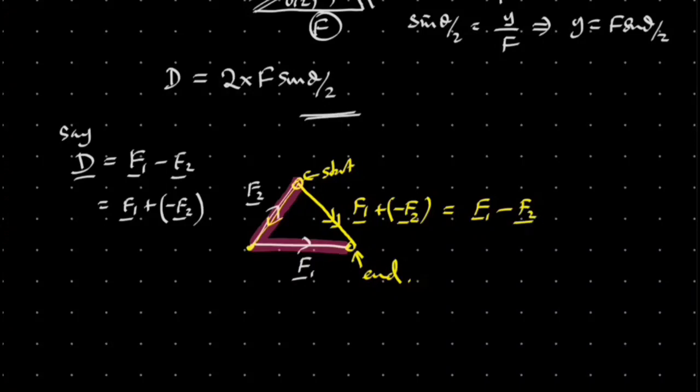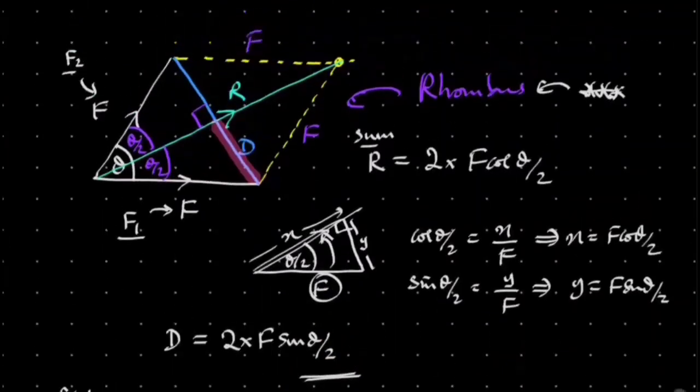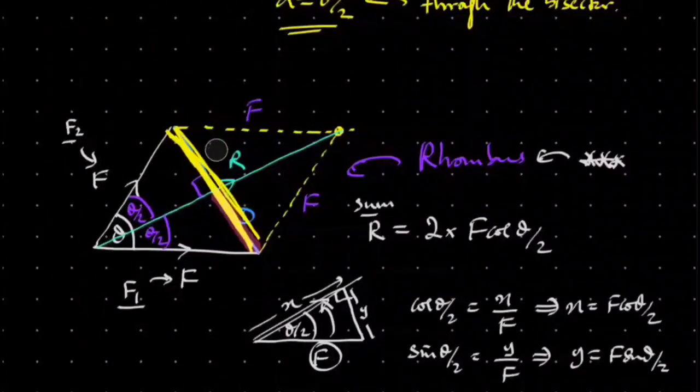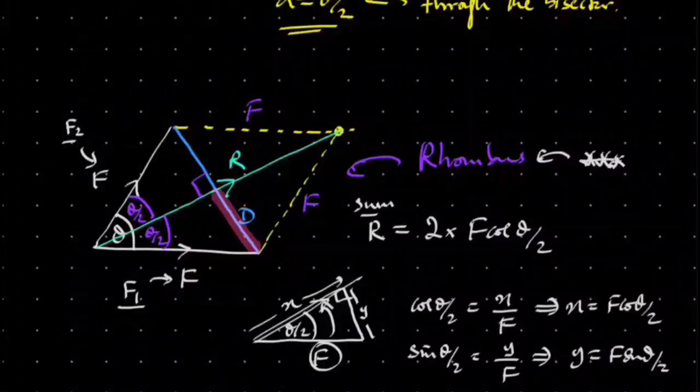You see, if it was f2 vector minus f1 vector, it would be the other way around. So either way, it is along this other diagonal, and we know it is perpendicular to the sum, whatever the direction it has.